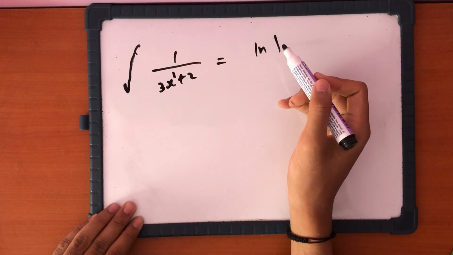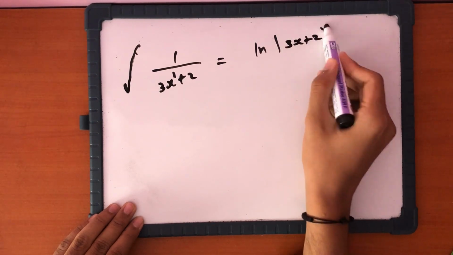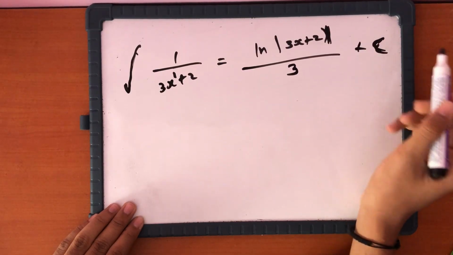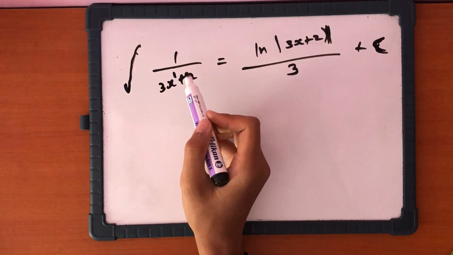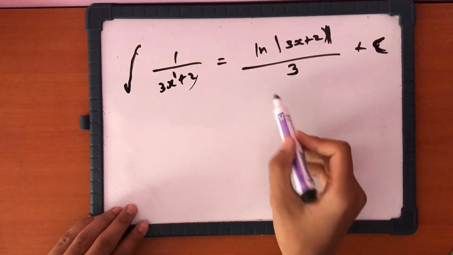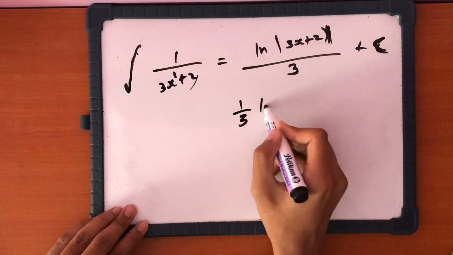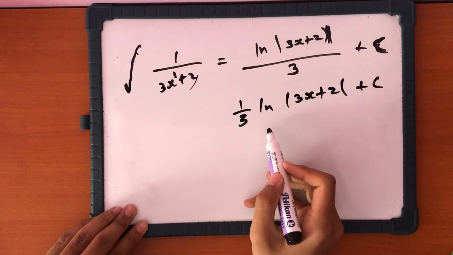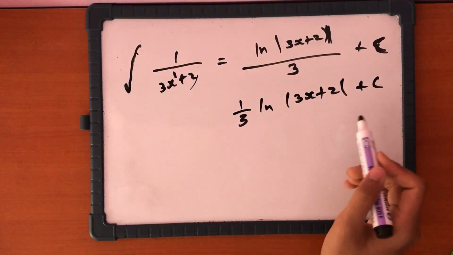So the answer is ln of the modulus of 3x plus 2, over 3, plus c. Remember, it'll always be linear for P3. Don't worry about anything harder than that. Now try differentiating 1 over 3 ln of 3x plus 2, and you will see that you get exactly this back. It should be very easy to see.